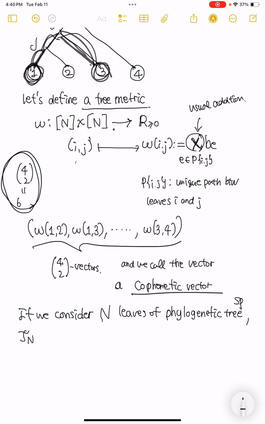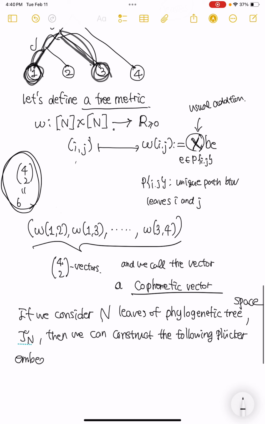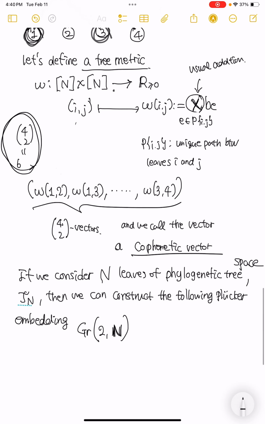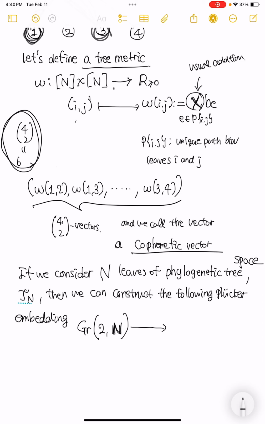denoted by a space, we can construct the following Plücker embedding into the Grassmannian Gr(2,n).